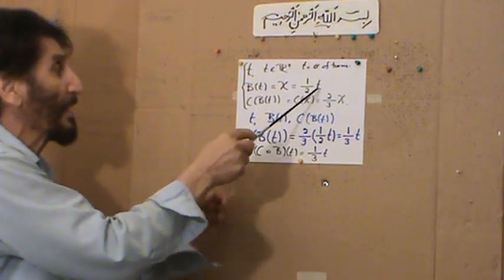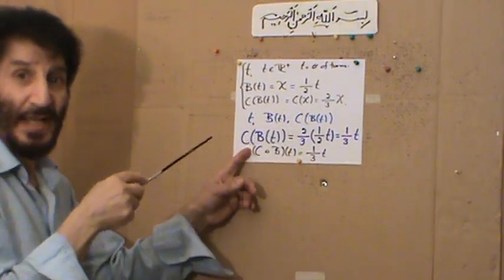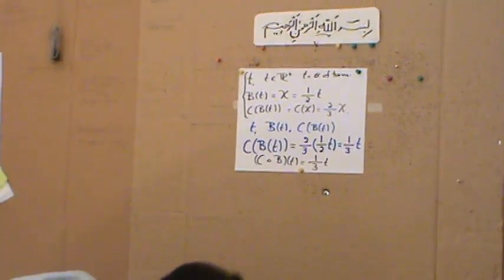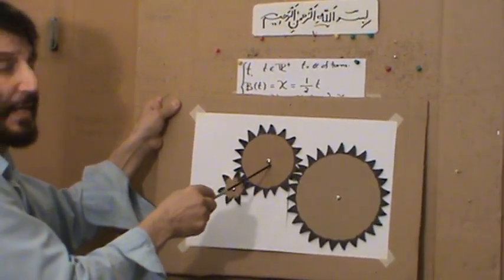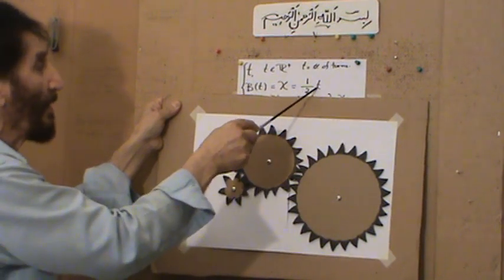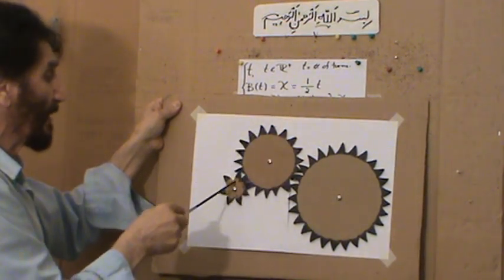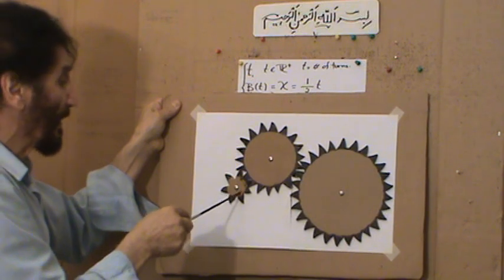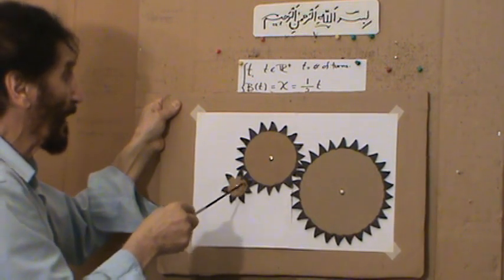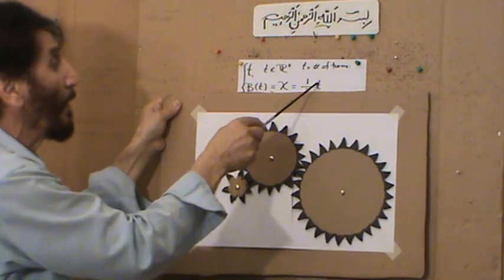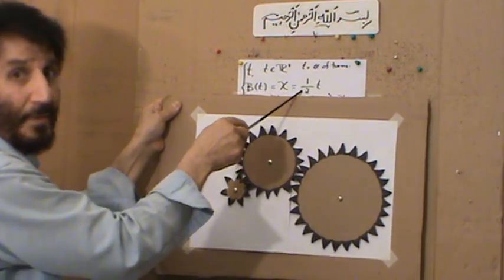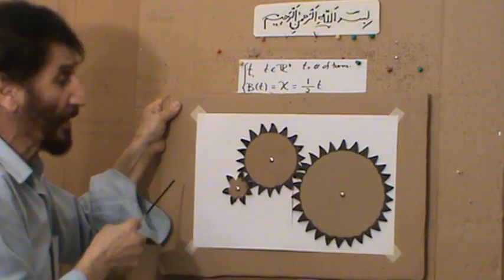Now, for instance, if t is 1, which means the smaller gear rotates only once, one complete rotation, this will make half. You see that? Makes half. If it makes 2 complete rotations, it will cause that one to rotate 1 complete rotation.